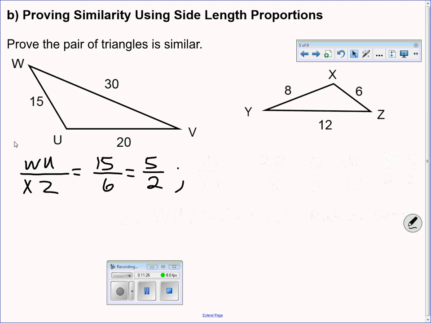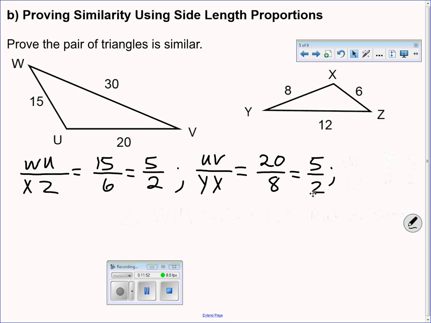We've taken a look at the smallest side. Now we're going to look at the next biggest side. The next biggest side looks like this. It's going to be UV. Now when I take a look at UV, the next biggest side after 6 is 8. So I'm going to compare it to XY or YX. It doesn't matter what you put there. Both of them are the same. Both line segments are the same. And then when you calculate, you're going to get 20 over 8, which ends up being 5 over 2.